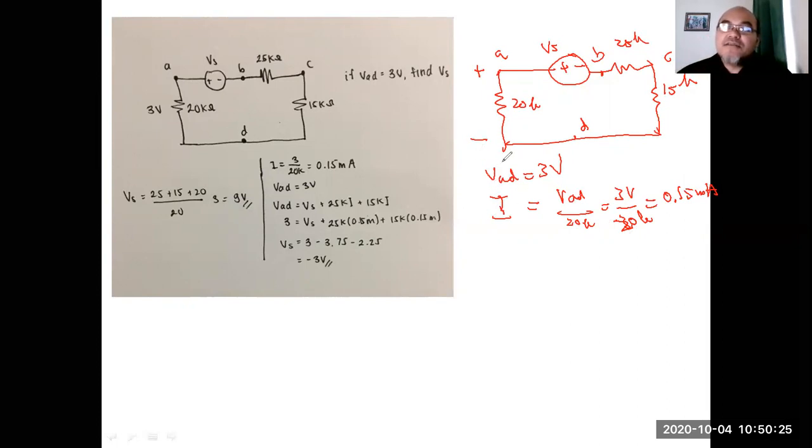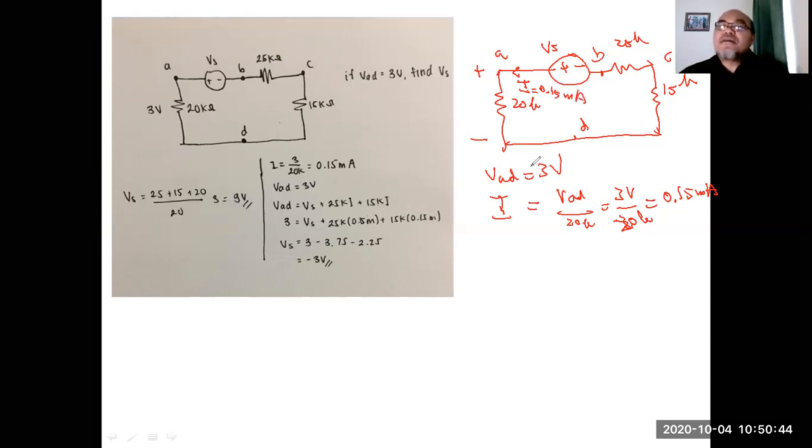It means the current should enter the positive sign of this resistor and come out from the negative sign. So according to this, the current here should be in this direction, with a value of 0.15 milliampere.